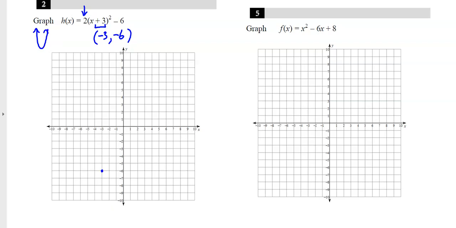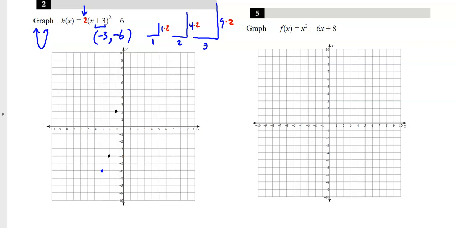But instead of my normal 1, 1 and my normal 2, 4 and 3, 9, what I'm going to do here is this 2 stretches it vertically. So all of these numbers get magnified by 2 for my heights. So when I do these dots, I'm going to go over 1, up 2. And I'm going to go over 2, up 8.